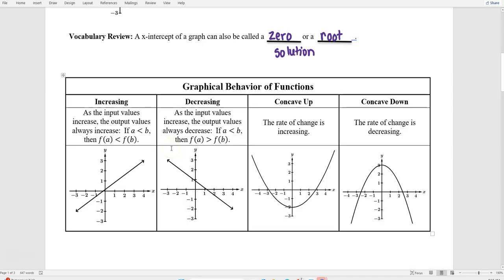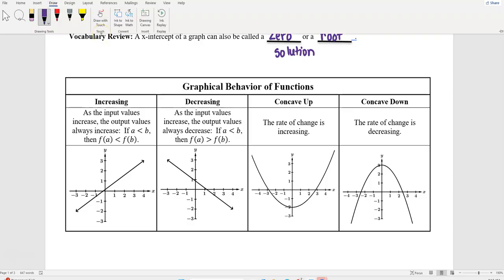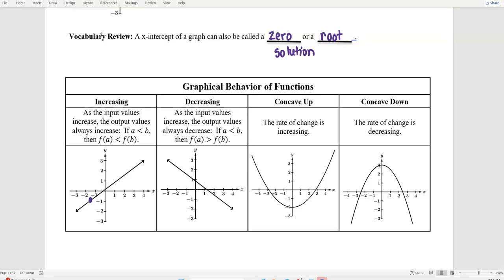Okay, now something I'm going to do here on this graph so you can understand that definition is something that we probably haven't looked at in this way a lot. Let's say that I have a point right here, and our x coordinate right there is A. I could put it anywhere, right?